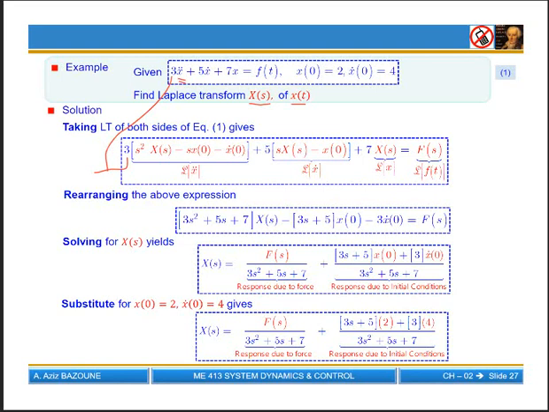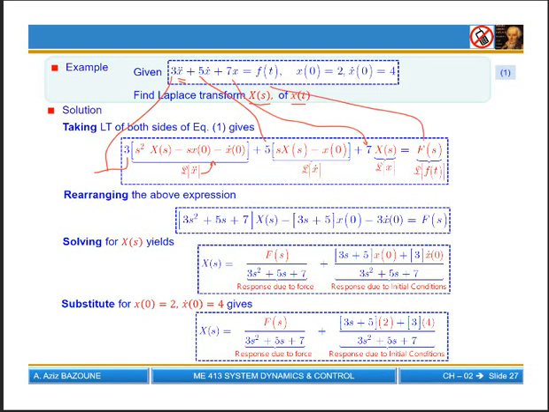Plus 5 times x dot, which will be s X of s minus x of 0, the Laplace transform of x dot. And then plus 7 times x, whose Laplace transform is X of s. Equal, the Laplace transform of the right-hand side will be F of s.